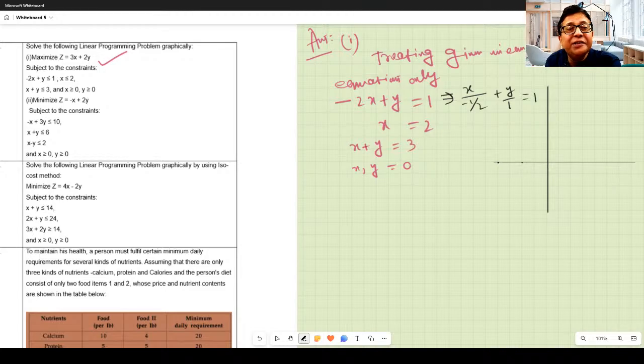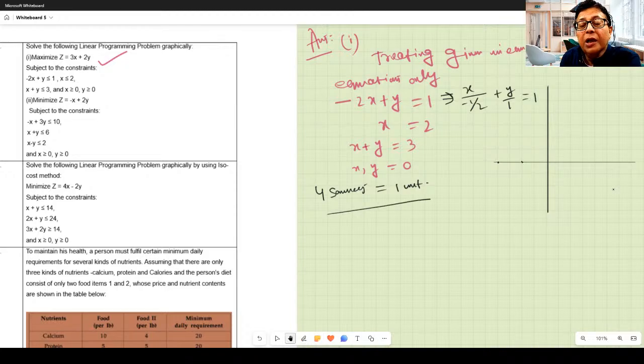So 0.5 will be here, and this method is important. Whenever smaller coordinates are given, you can proceed in this manner. So what I have taken, that you will write clearly: 4 small squares, the smallest squares, is equal to 1 unit. And this is very helpful when you get fractions.